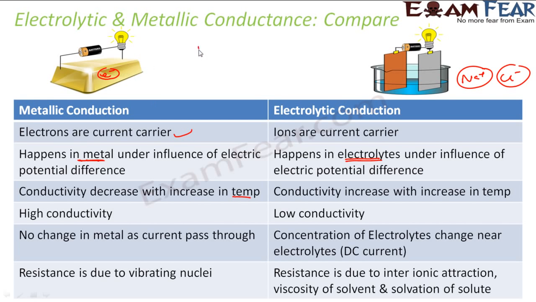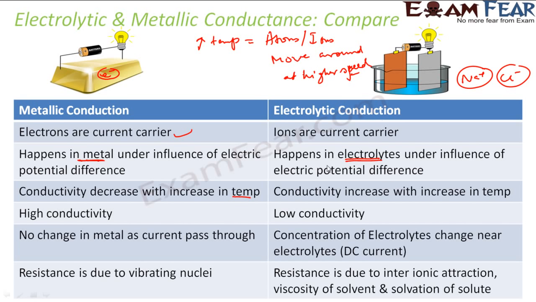In both cases, when you increase temperature, the atoms or ions move around at higher speed. Now, in metals, the moment atoms move around at a higher speed, since the carrier is electron, it is difficult for electrons to pass through these high speed moving atoms or ions.